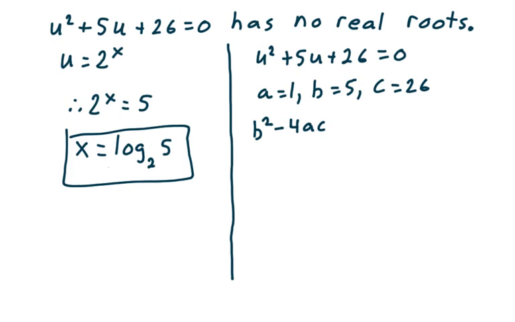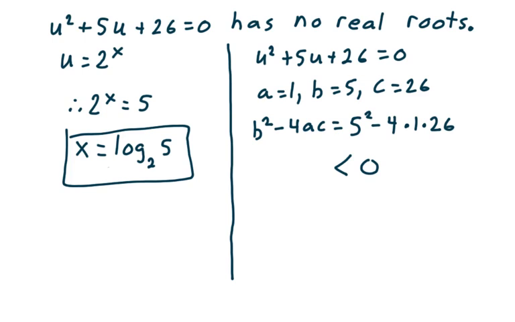This is called the discriminant, and it's a quick way to determine whether you have real roots, whether you have imaginary roots, or whether you have repeated roots, okay? Now, b squared minus 4ac is equal to 5 squared minus 4 times 1 times 26. But I claim that's less than 0. And so that's why this quadratic equation has no real roots.